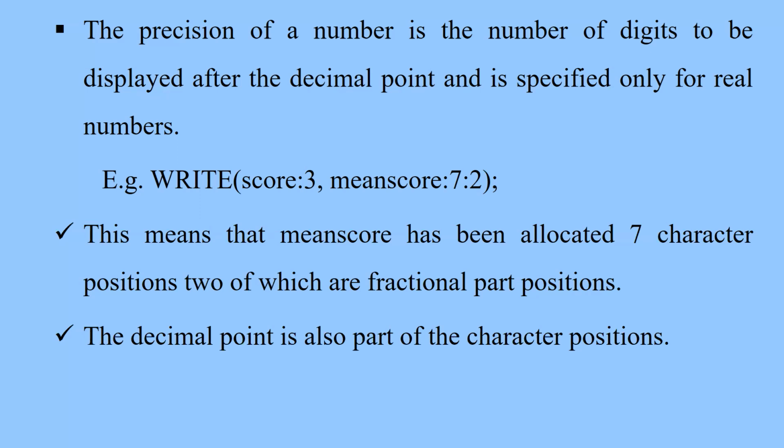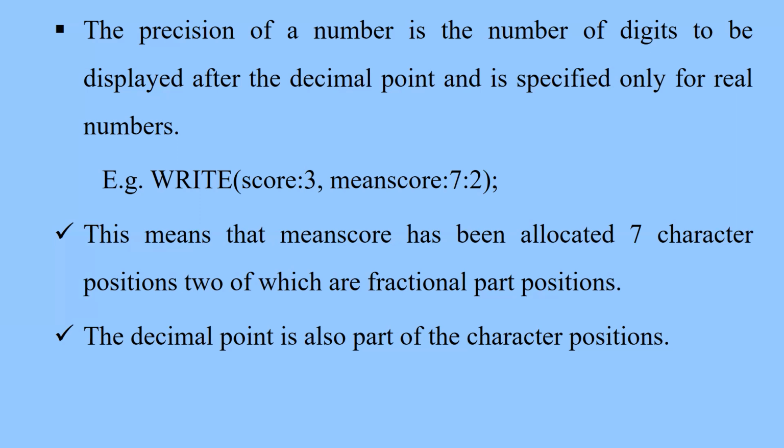So if the decimal point is part of the character positions, what does 7.2 mean? It means the maximum number of characters reserved for mean score are 7. These are inclusive of 2 for the fractional section and 1 for the decimal point.